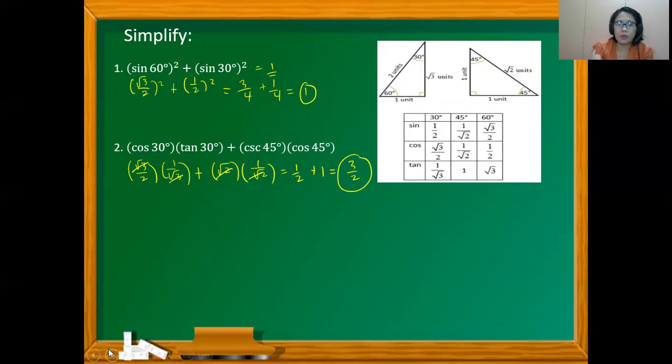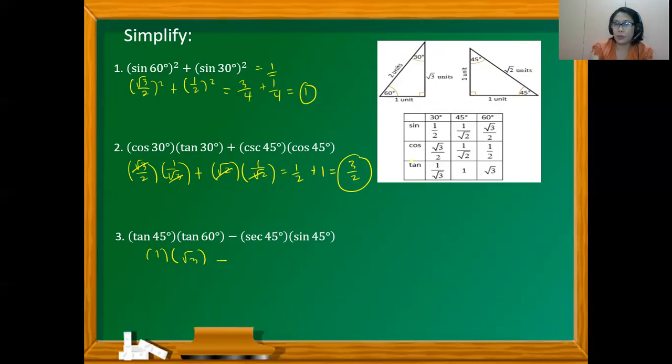So for number 3, how about tangent 45 times tangent 60 minus secant 45 times sine 45? Tangent 45 is 1 times tangent 60, which is square root of 3, minus secant 45.